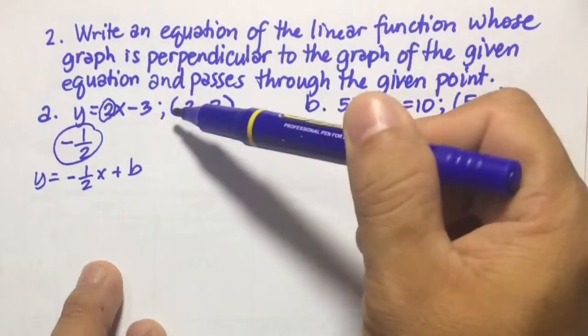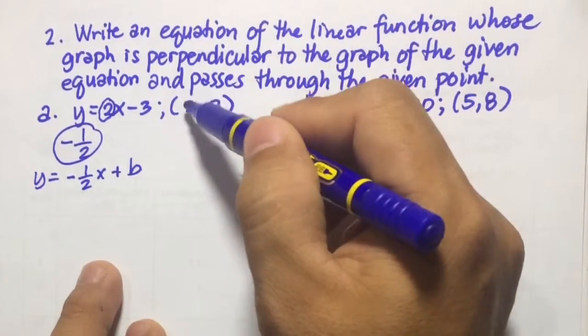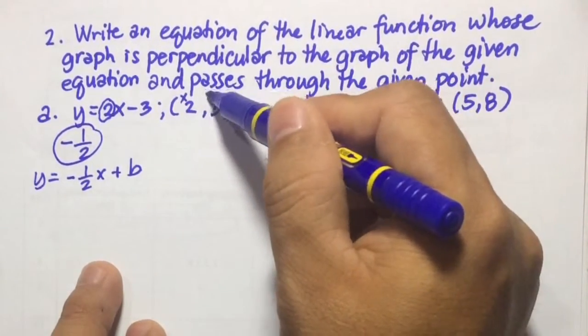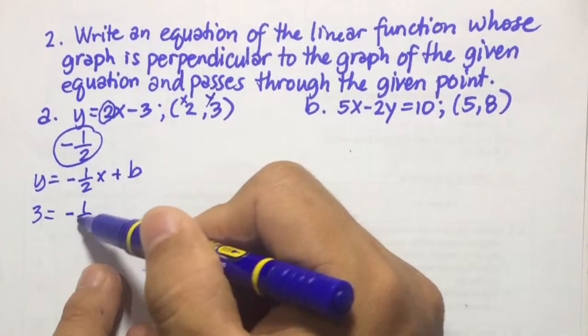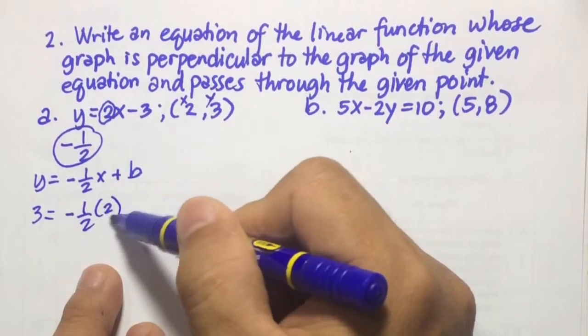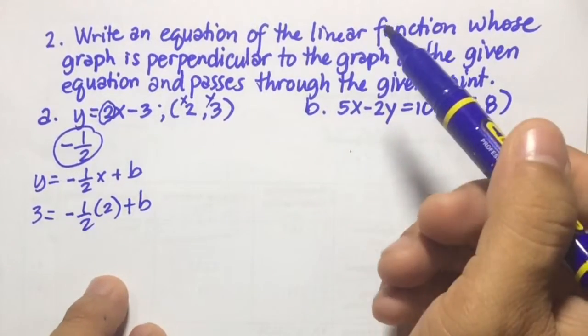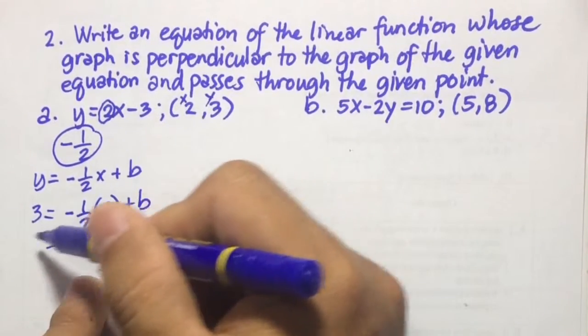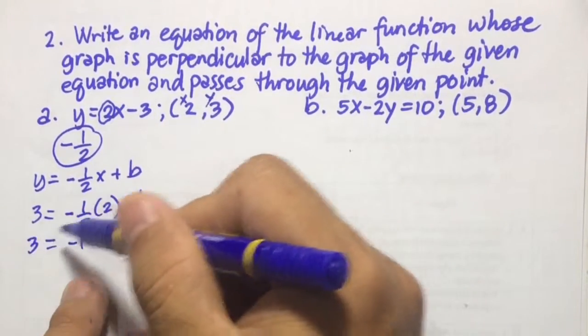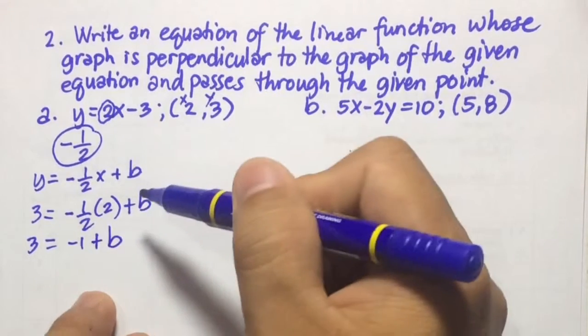Then using the point (2, 3), 2 is for x and 3 is for y. So we're going to have 3 equals negative 1/2 times 2 plus b. Then 2 times negative 1/2 is negative 1. So we have 3 equals negative 1 plus b.